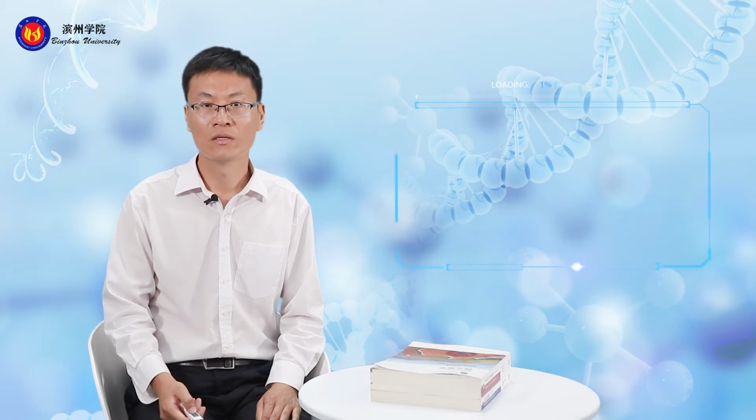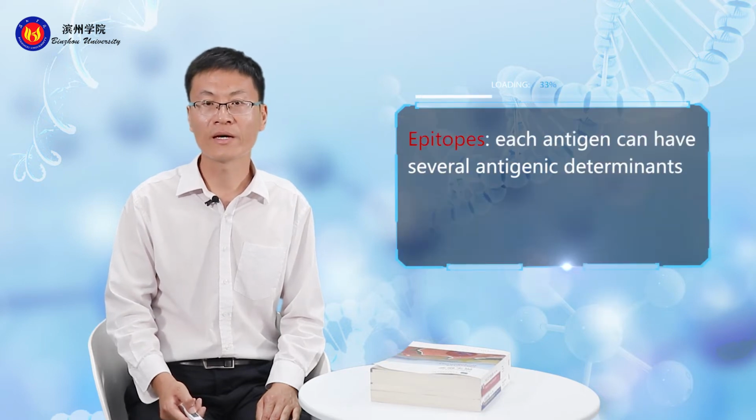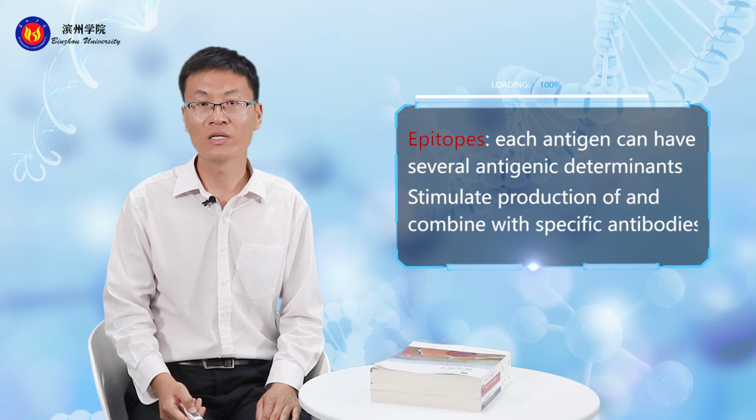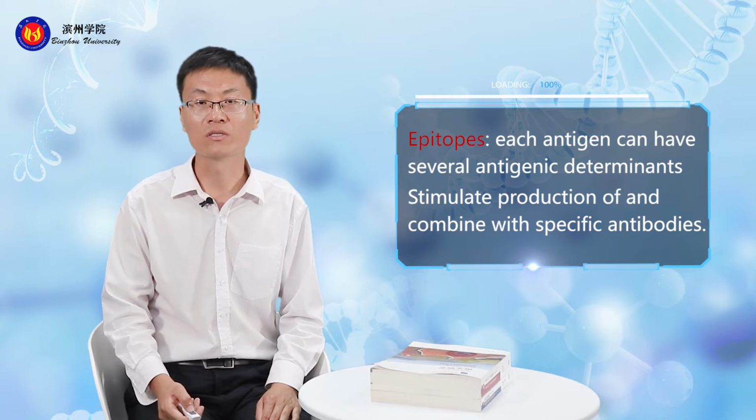Most antigens are large, complex molecules with a molecular mass generally greater than 10,000 daltons. Each antigen can have several antigenic determinants called epitopes that stimulate production of and combine with specific antibodies.